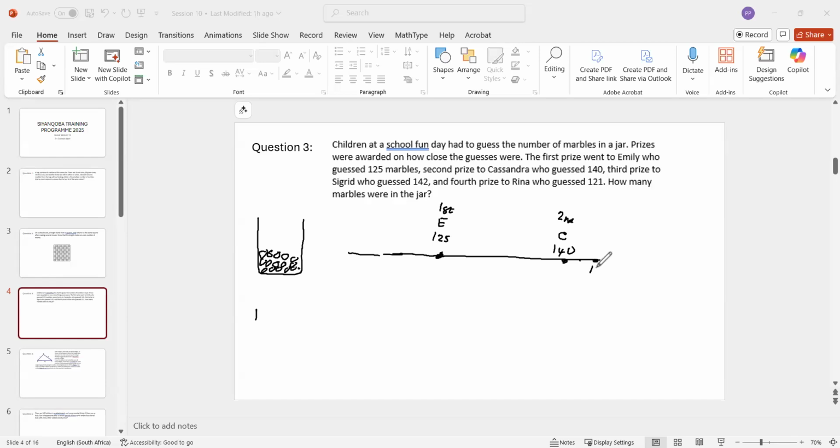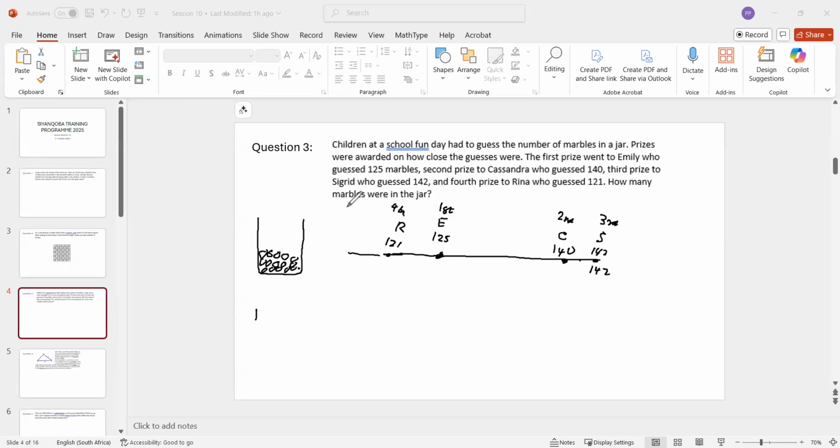So she was on this side now, and she put 142, and we'll call it Sigrid, and she's third. I'm just recording the information. I'm taking all the numbers and putting it on the number line. And the fourth prize went to Rina, who guessed 121, so she was up here. So she said 121, and it's Rina, and she was fourth.